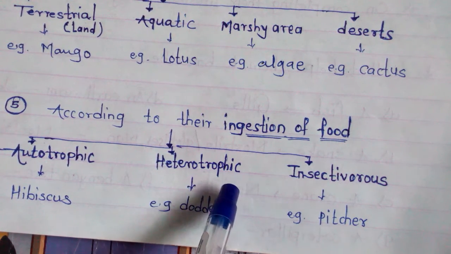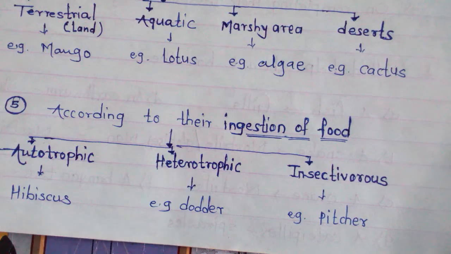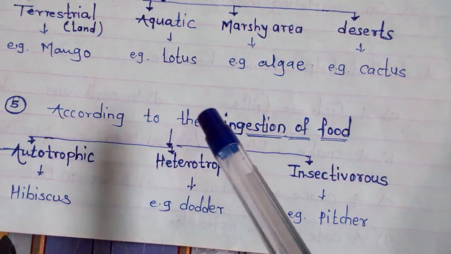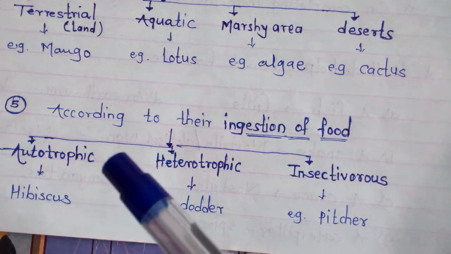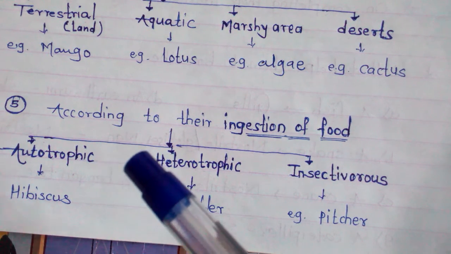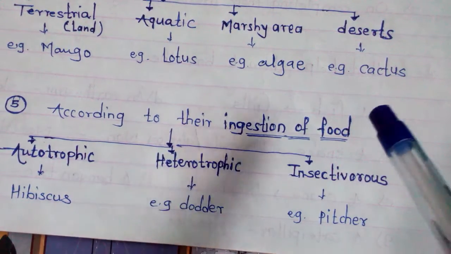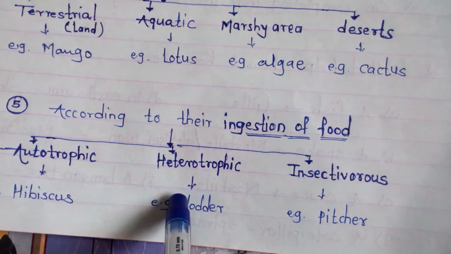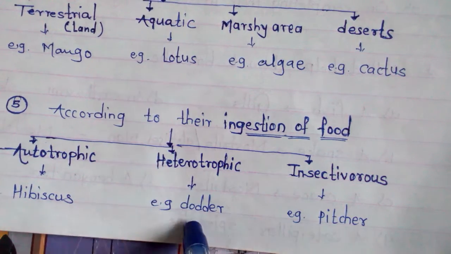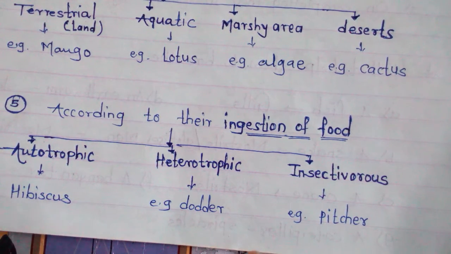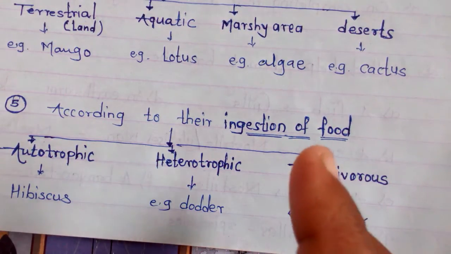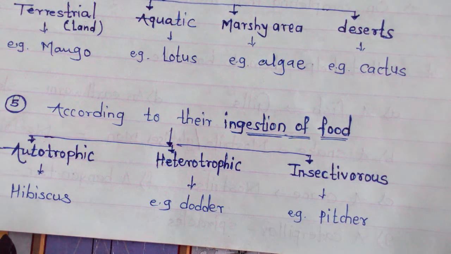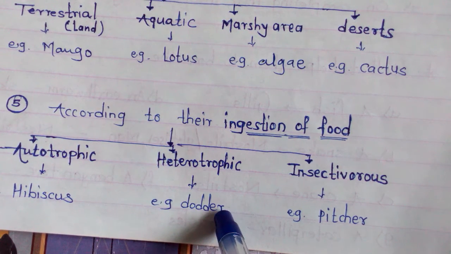Then the heterotrophic plant. Heterotrophic plant means for food, some plants depend on other plants. Such plants grow on the other plant and suck the food material from that plant, and likewise they get their food material.